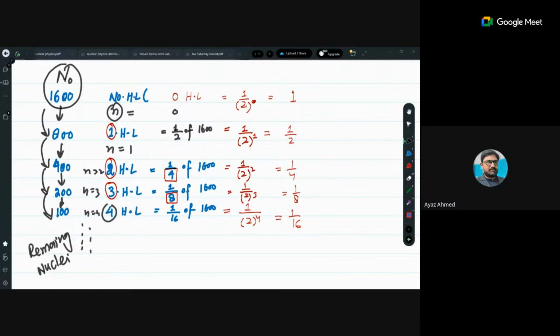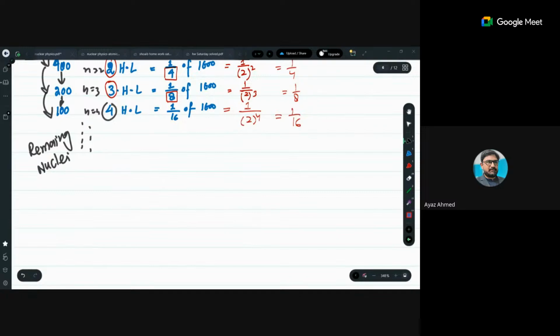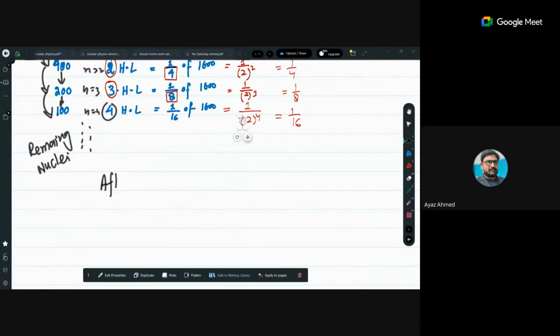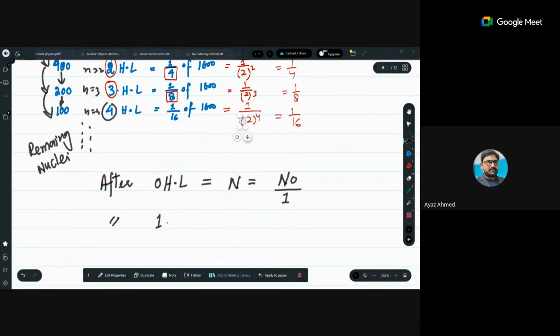So now I'm going to make it clear that after zero half-life, the remaining number is the original number divided by 1. After one half-life, the remaining number is the original number divided by 2 power 1.